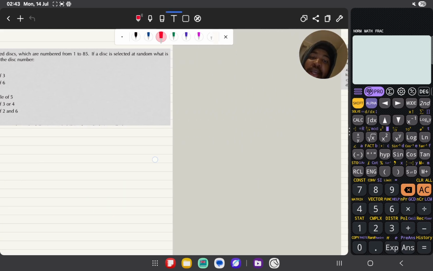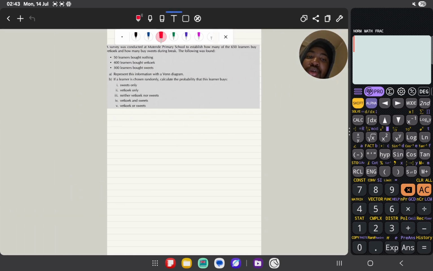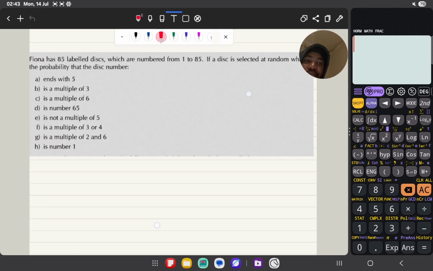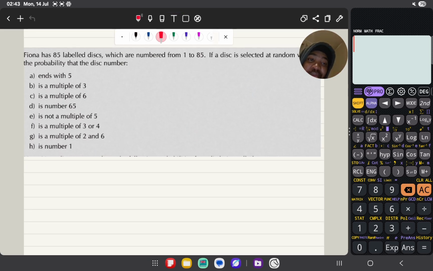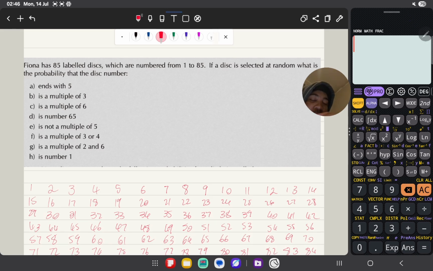I think the rest we will be able to nicely do with a Venn diagram. If you guys were in grade 11, I was going to use a Venn diagram here. It has a lot of events, this one. So in grade 10, your Venn diagram only has 3 possible events. So let me cook. I'm going to write numbers 1 up to 85.